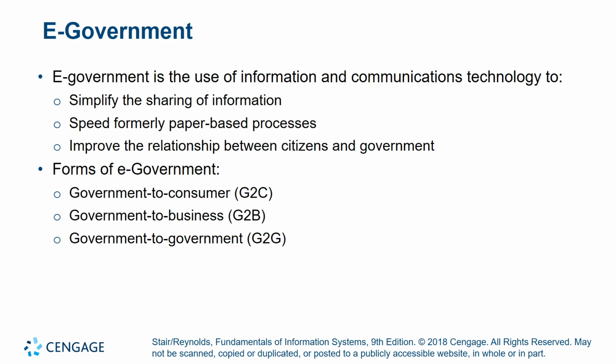And government to consumer: when you go get your driver's license, that's government to consumer. When you go get some service or you apply for financial aid, that's government to consumer. So there's levels inside of this e-government. But in the government level, they're trying to push out as much paper as possible. Paper is expensive.